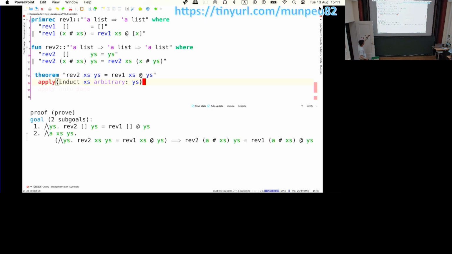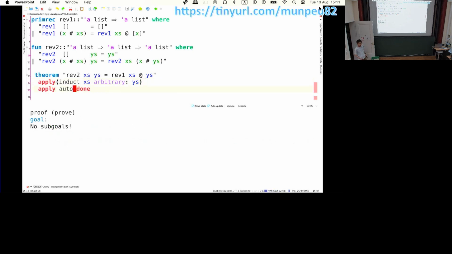And in the lower half, in the output pane, you can see that we have a base case and step case. In the step case, we have an induction hypothesis, and using it, we want to prove the goal. Fortunately, in this case, when we apply auto, both sub-goals are gone.